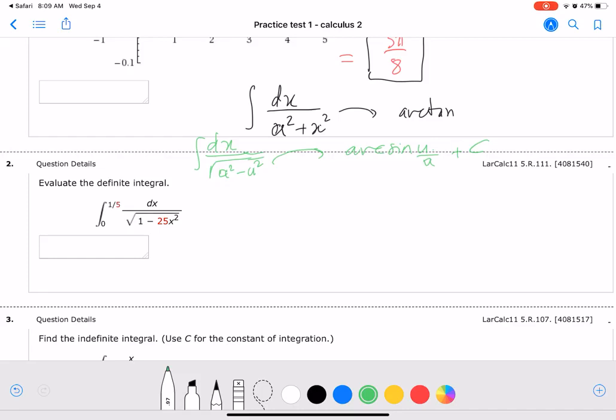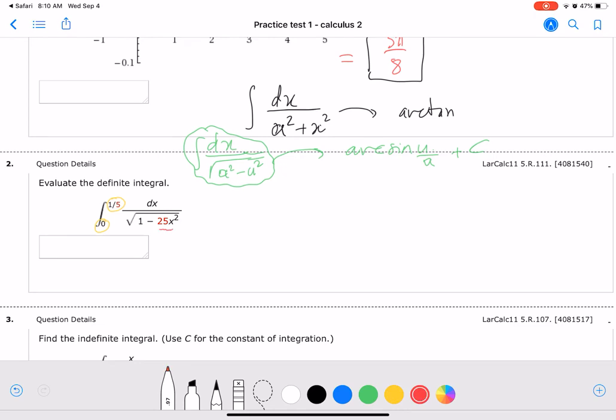So we try to get the form like this, and then we evaluate the indefinite integral. I prefer to find the indefinite integral first, and then plug the integral limits into the last formula. So let's do that.